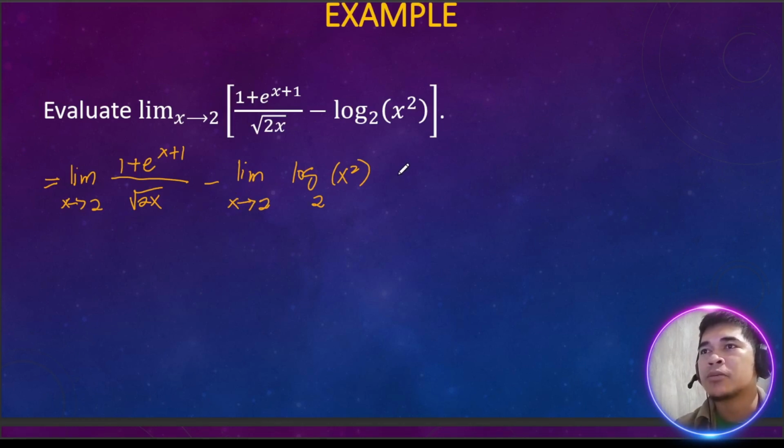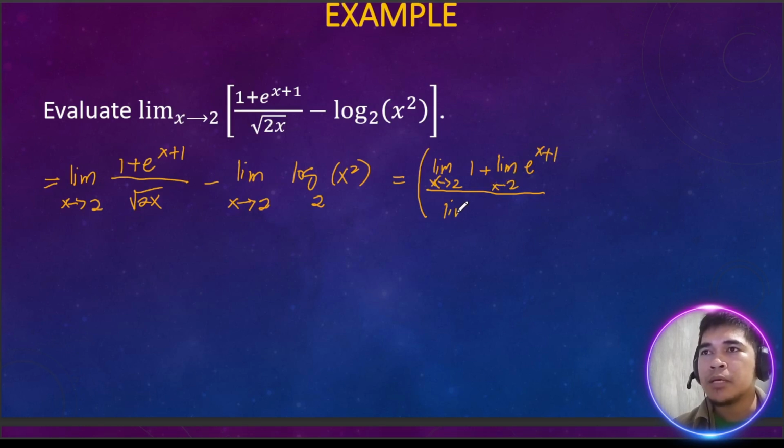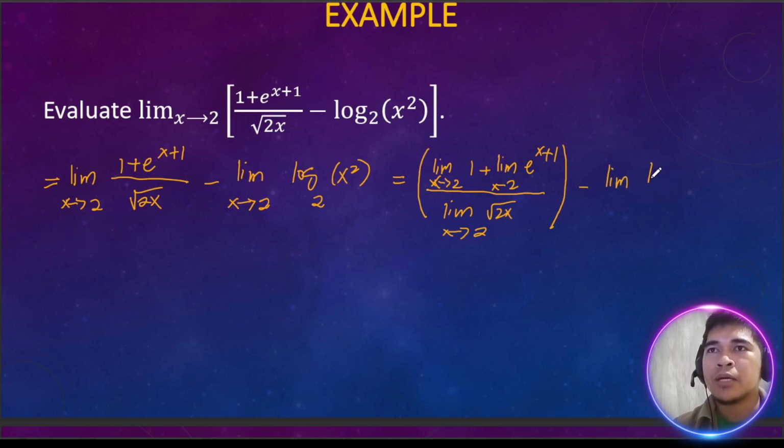To make it clearer, we have the limit of 1 as x approaches 2 plus the limit of e to the power of x plus 1 as x approaches 2, then the limit of the square root of 2x as x approaches 2, minus the limit of the logarithm of x squared with the base of 2 as x approaches 2.